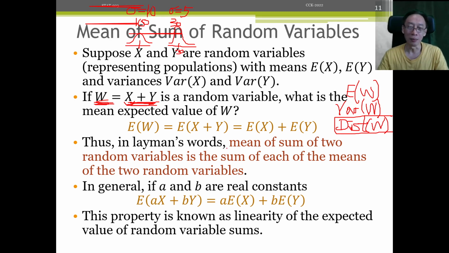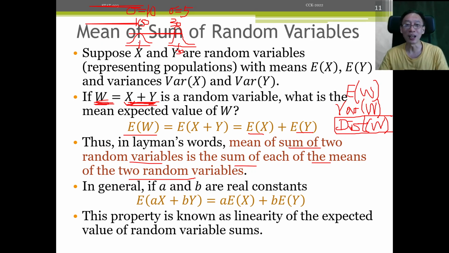And that's basically these golden formulas that we see here. In short, it's probably easier just to remember it as the mean of the sum of two random variables is the sum of the means of each of the two random variables. So expected value of W is equal to expected value of X plus expected value of Y. Now, it's quite a common sense thing to say that you just add up the averages, right?